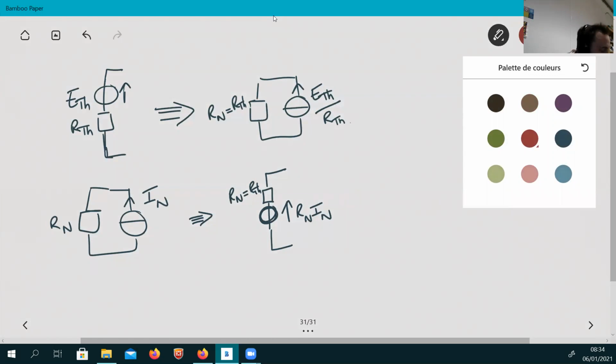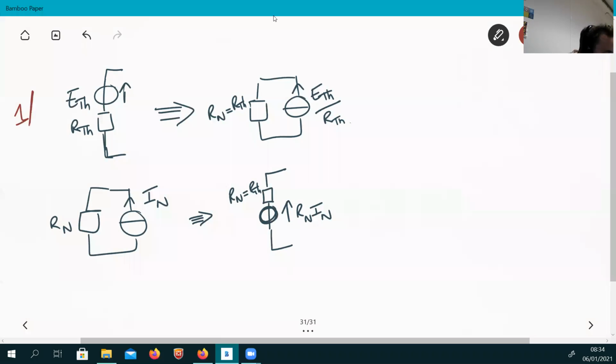In fact, for the first example, you start from this circuit, which is a Thevenin model, and you apply the Norton theorem on this. Here, A and B, I'm not considering any load, and I want to apply the Norton model on this.